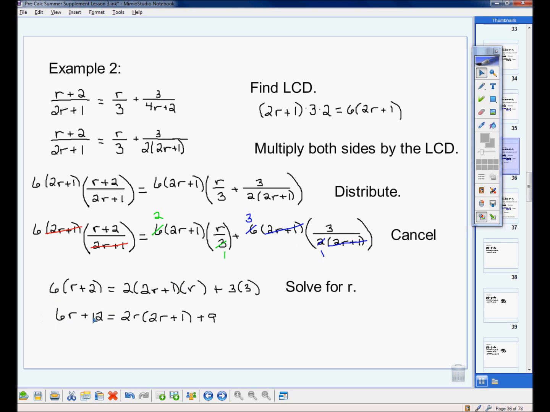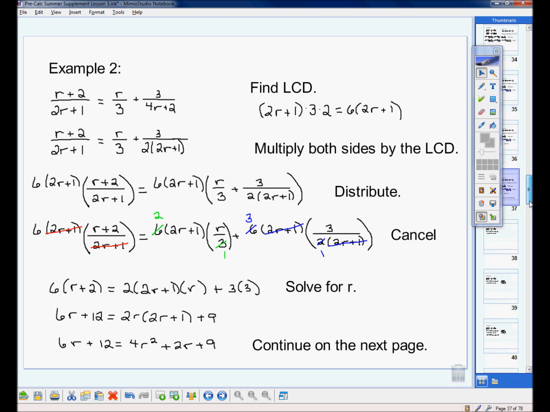Then once again, you need to begin to simplify. 6r plus 12, distribute here. 2r, to r, because I moved this r over here, it'll be easier to distribute that way, times r plus 1, plus 9, that one should be obvious. Then we'll distribute that 2r, 4r squared, 2r, and 9.